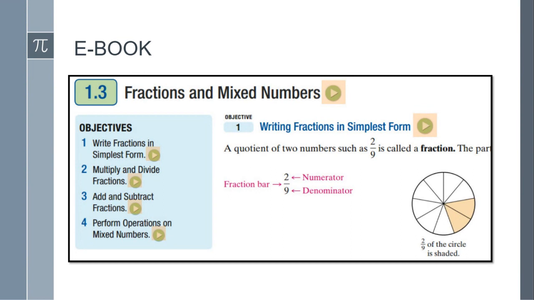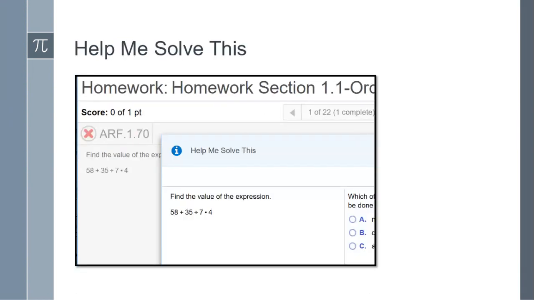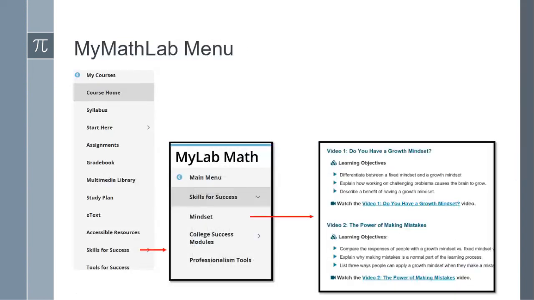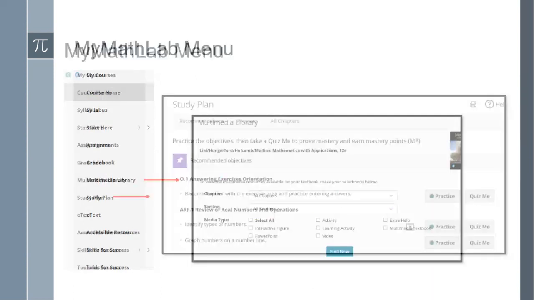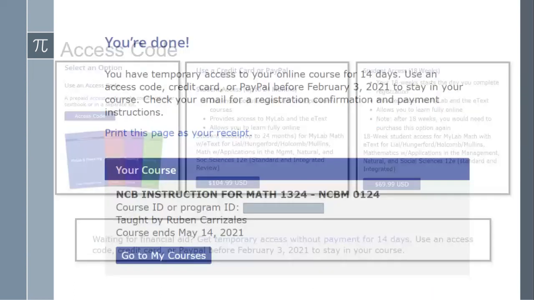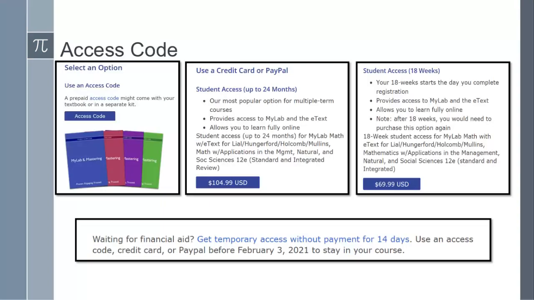Yes, and also during the semester, if you happen to run into some problems, each of the software programs has a place for you to get help. Let me go to the course here.